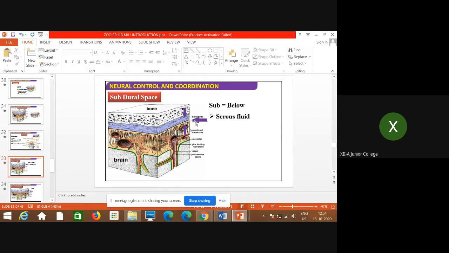That is what CSF is. Again, between the arachnoid and pia mater there is fluid too. Sub means below the dura mater, so that is called subdural fluid. That means the space between the dura and arachnoid is called the subdural space, which is filled by fluid called CSF, cerebrospinal fluid.